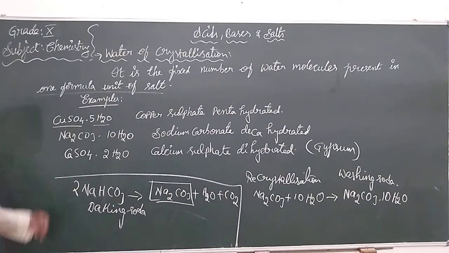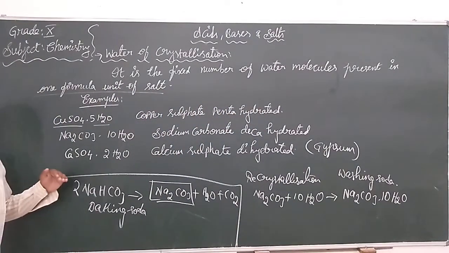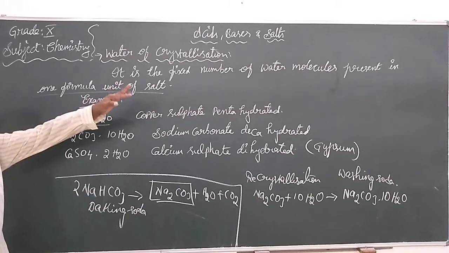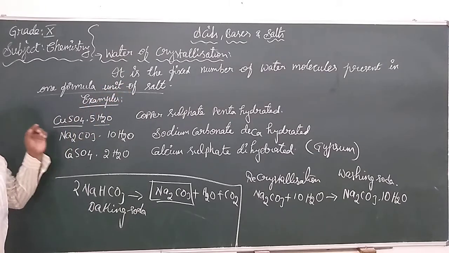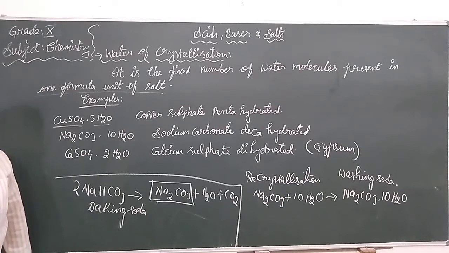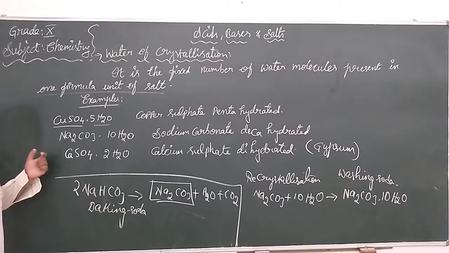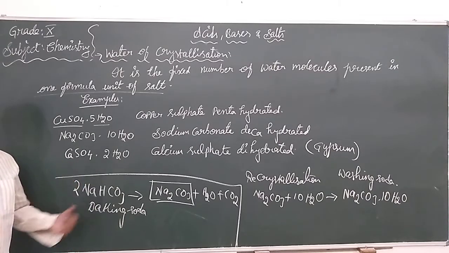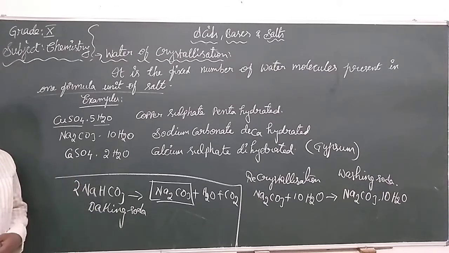So in all these three, there are different water molecules for each formula of the compound. So the fixed number of water molecules present in one formula unit of the salt we call the water of crystallization.